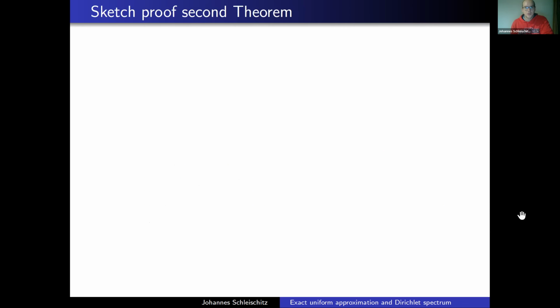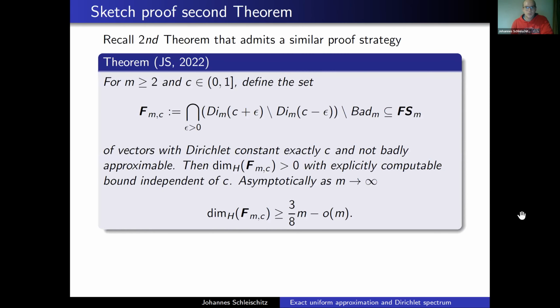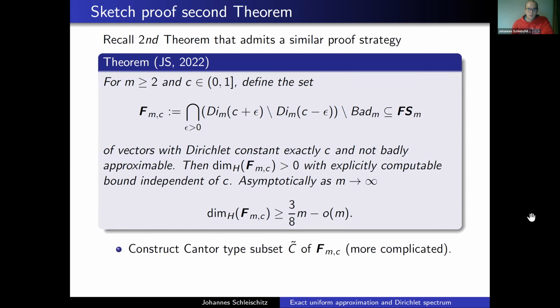And if I have a bit more time, maybe I state again the second one, which was on Hausdorff dimension. Again, I construct a Cantor type subset. It's again some digit based construction, which is a bit more complicated than the one before, but still there are some intervals where you have 3 digit choices.